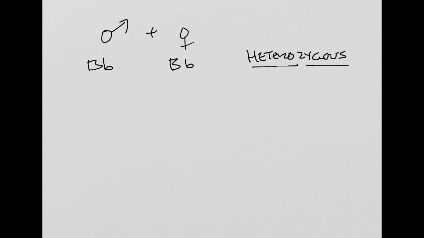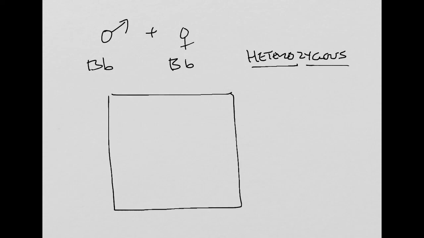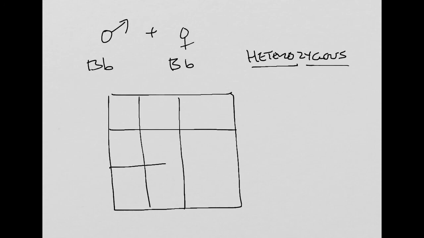So if we do the same thing that we just did for our purebred cross, but now we don't have purebreds because we have what are called hybrids, and we're focusing on a single trait, again, the eye color trait on chromosome number 15, I think you can see here that we're going to have a slightly different outcome. So I'm going to put the female gametes here, male gametes here.